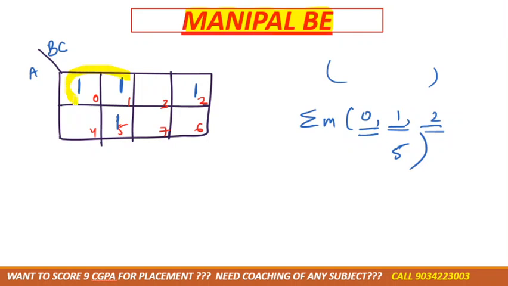Suppose these two 1s are sitting with each other, so they'll become a pair. Similarly, as you can see, this 5 and 1, these two 1s are also sitting near to each other, correct? So they can also become friends. So this one is the friend of 0 also, and this one is the friend of number 5 also, correct?